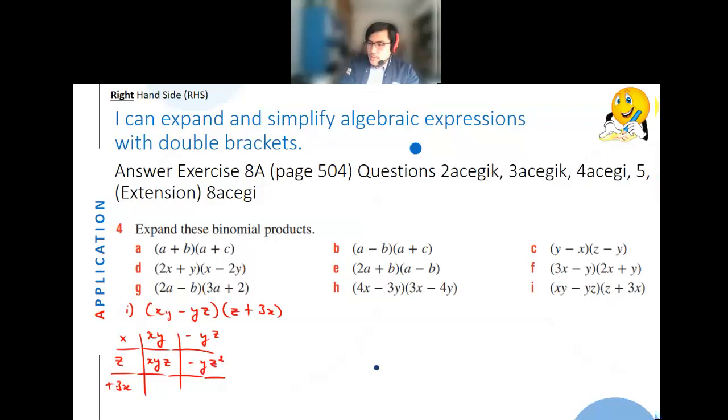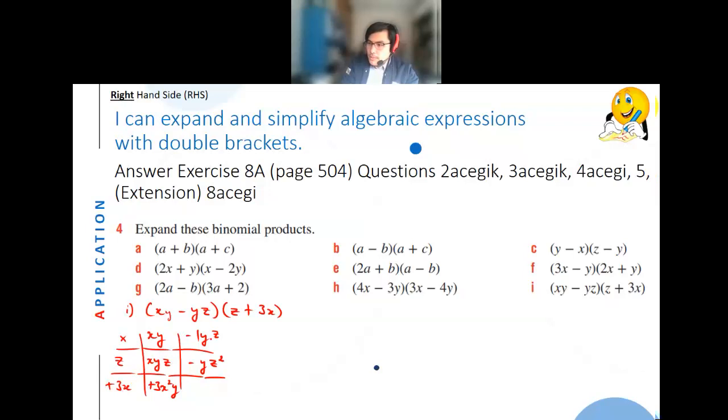Plus 3x times xy. So positive and a positive is positive. There's no other number, just plus 3. x times x, that's going to be x squared y. And then finally we have plus 3 times, now remember this is times negative 1.